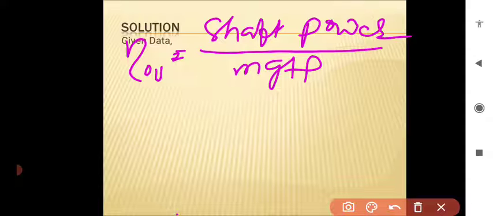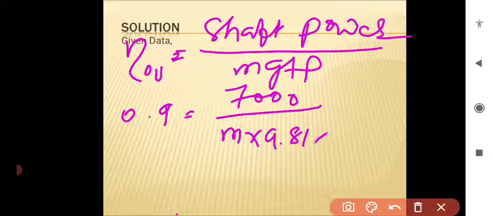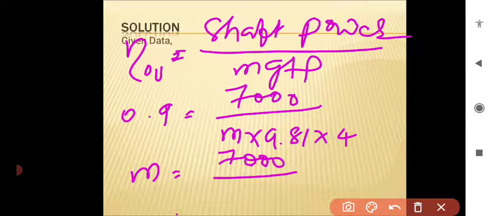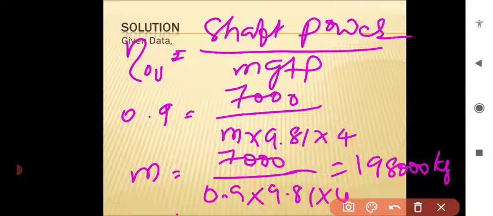So overall efficiency is 90 percentage, so that is 0.9, equal to shaft power 7000 by m into g is equal to 9.81 and h is equal to 4. M is equal to 7000 by 0.9 into 9.81 into 4. So you will get M is equal to 1,98,000 kg. This is the M.